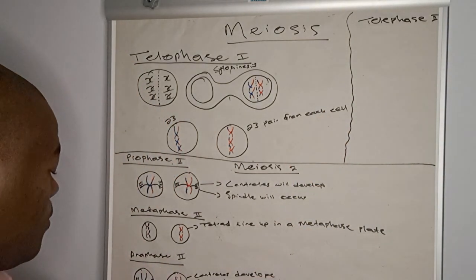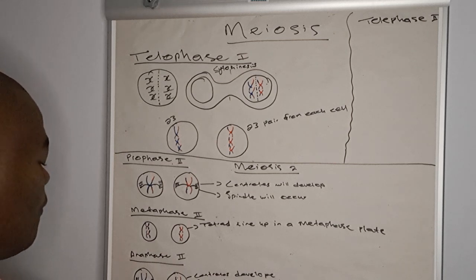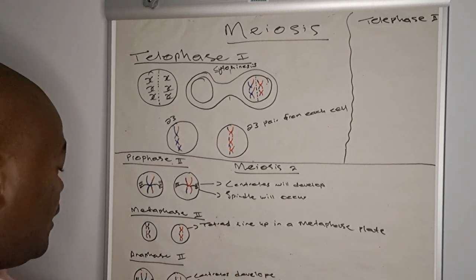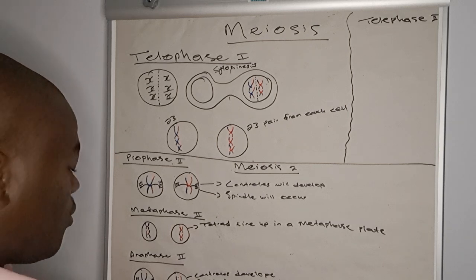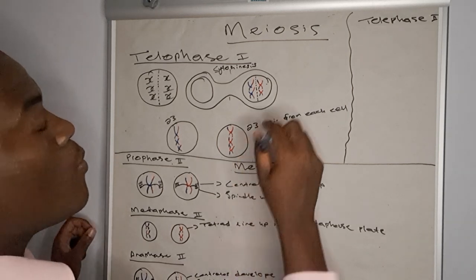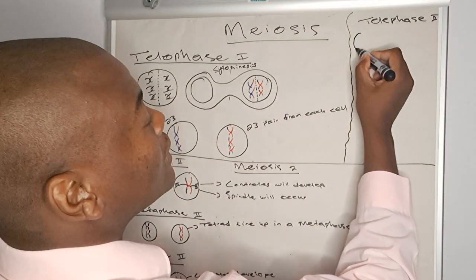Now, anaphase will pull them apart. If anaphase pulls them apart, the process we call cytokinesis will take place. Cytokinesis will take place, and then we'll end up with four cells like this.